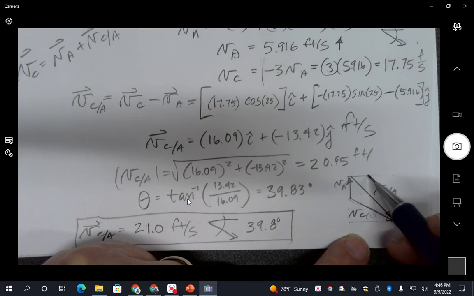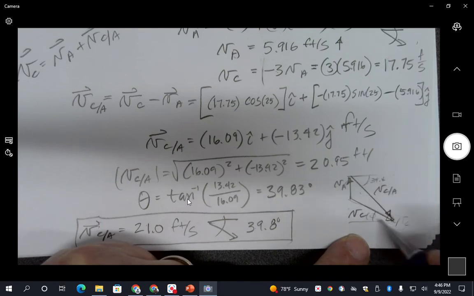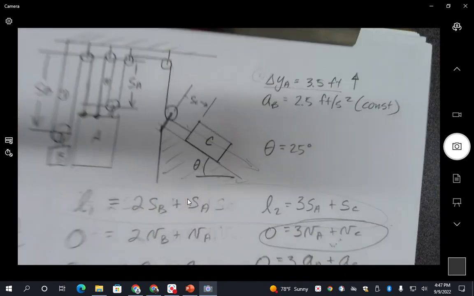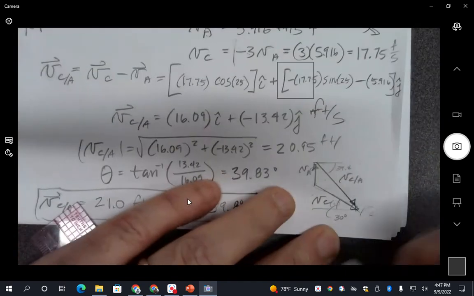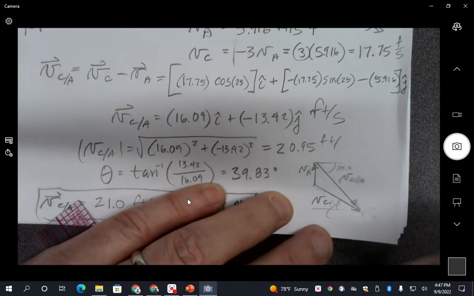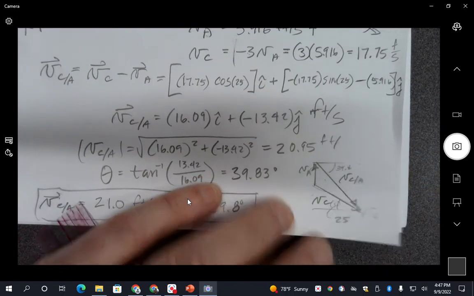Oh no, maybe not, because that's right there. There's the third. This is where the 39.8 is supposed to be, and this is supposed to be 30 right there. Why 30? Oh, because it was 30 from the horizontal. Or 25, my bad, 25. Oh, yeah, that's what you're talking about, because it was 25 from the horizontal. Yeah. Okay.